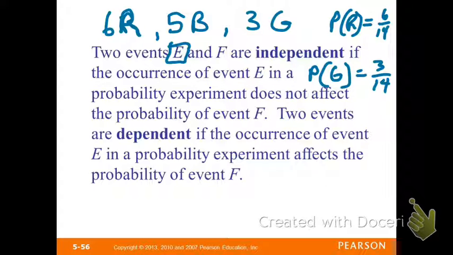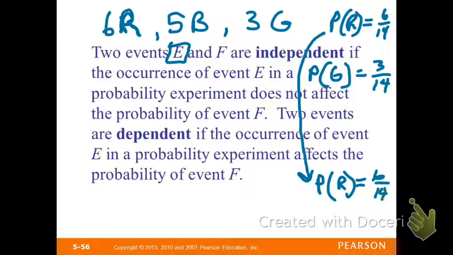If we draw the red marble and don't replace it, if we keep it out, the probability of the red first is 6 out of 14. If we keep the red marble out of the bag and then draw a green, then the probability of green changes to 3 out of 13 because one marble was kept out.